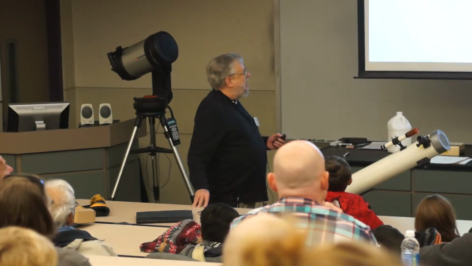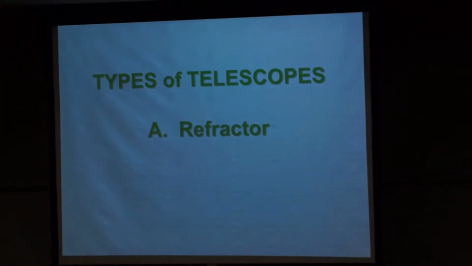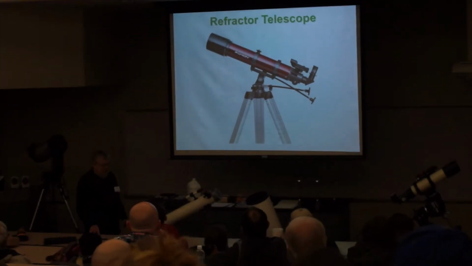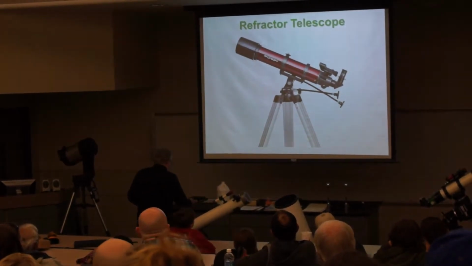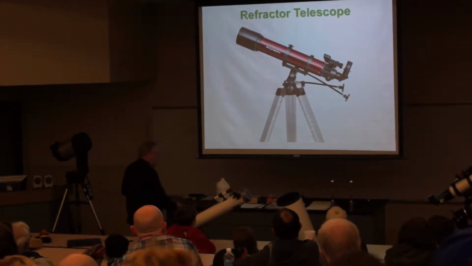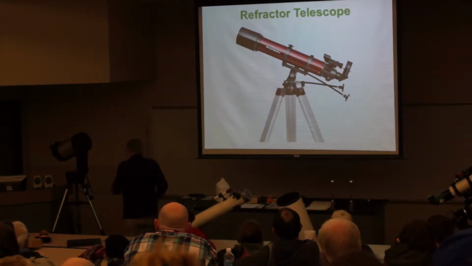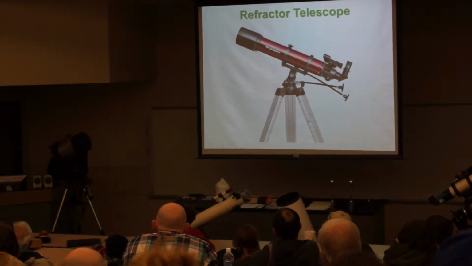First, the different types of telescopes. The refractor is the one most people think of when they think of a telescope. It's the archetypical telescope with the, where did I put my pointer? Well, that's pretty faint. Here's the one I was going to use here.